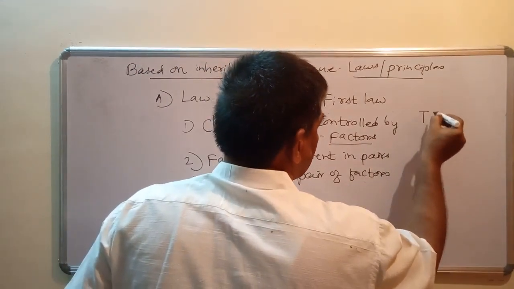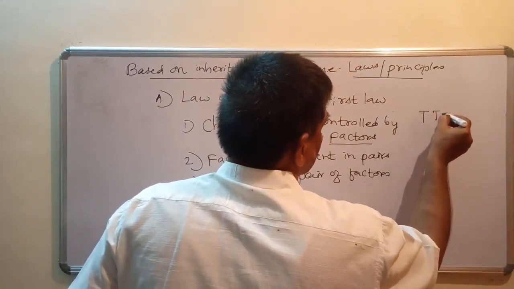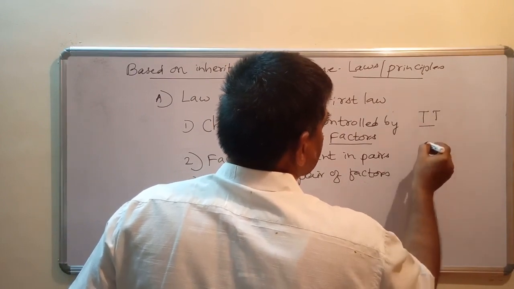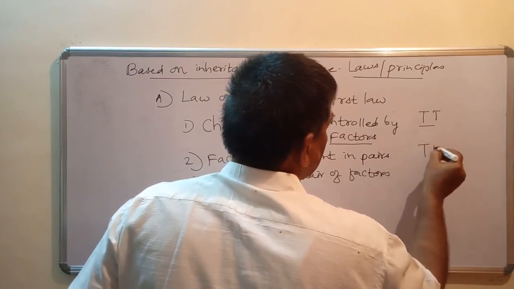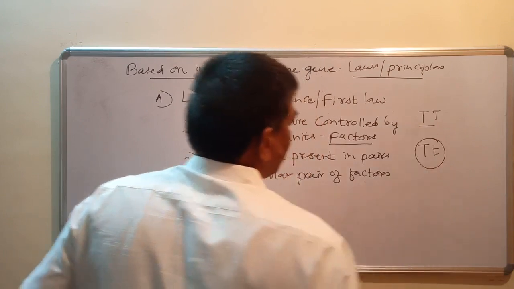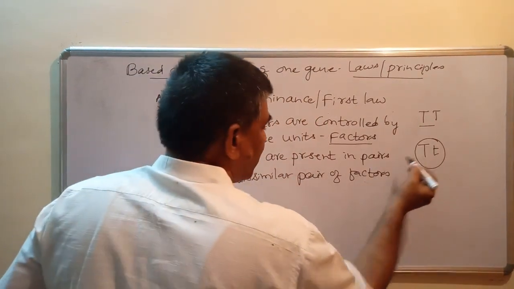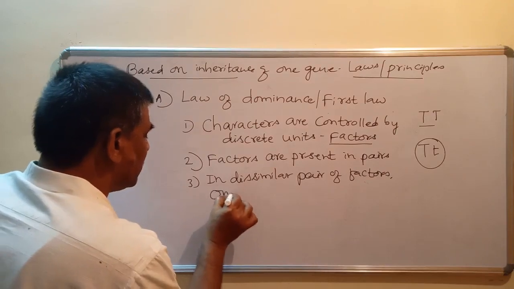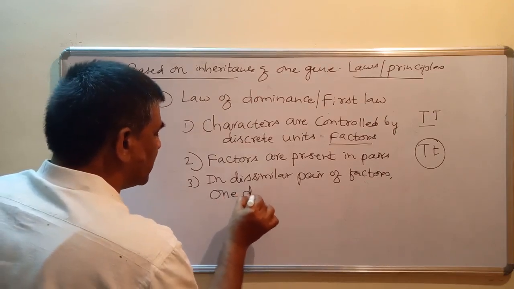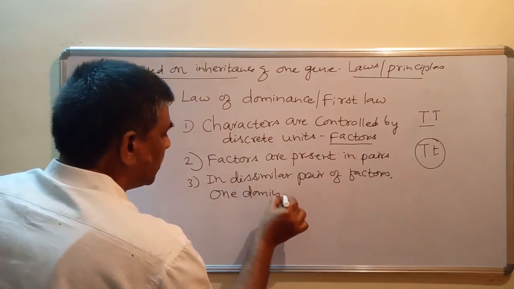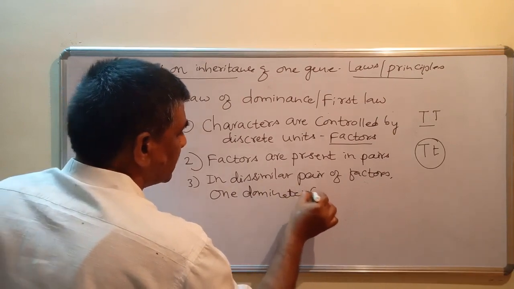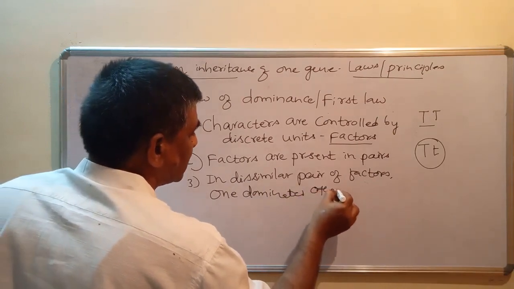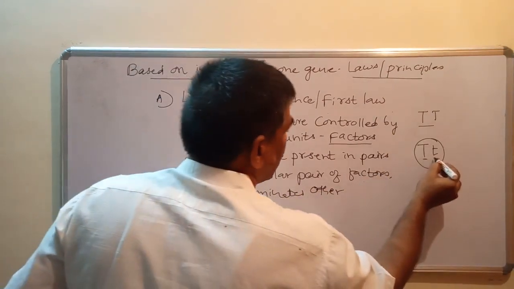For example, capital T and capital T are a similar pair of factors, while capital T and small t are a dissimilar pair of factors. In a dissimilar pair of factors, one dominates the other. Therefore this is what we call the law of dominance.